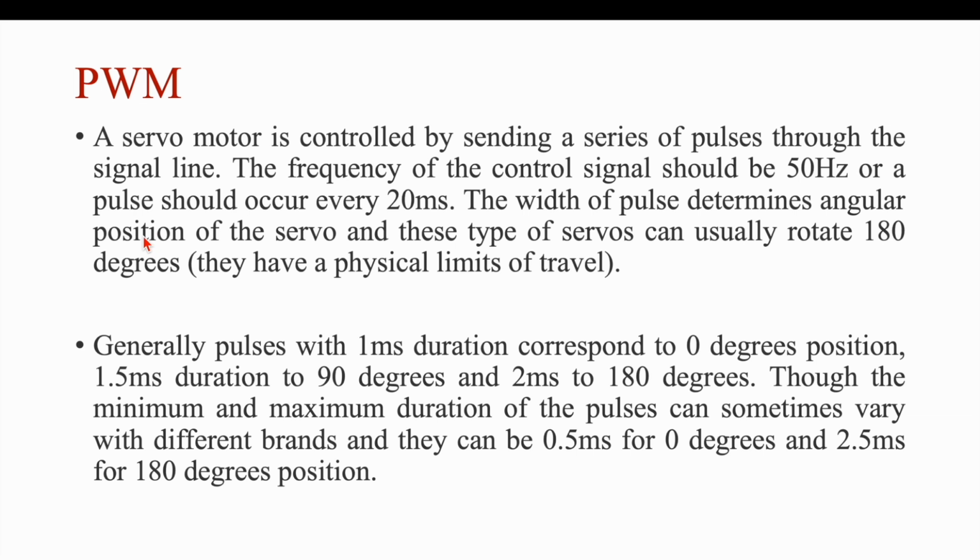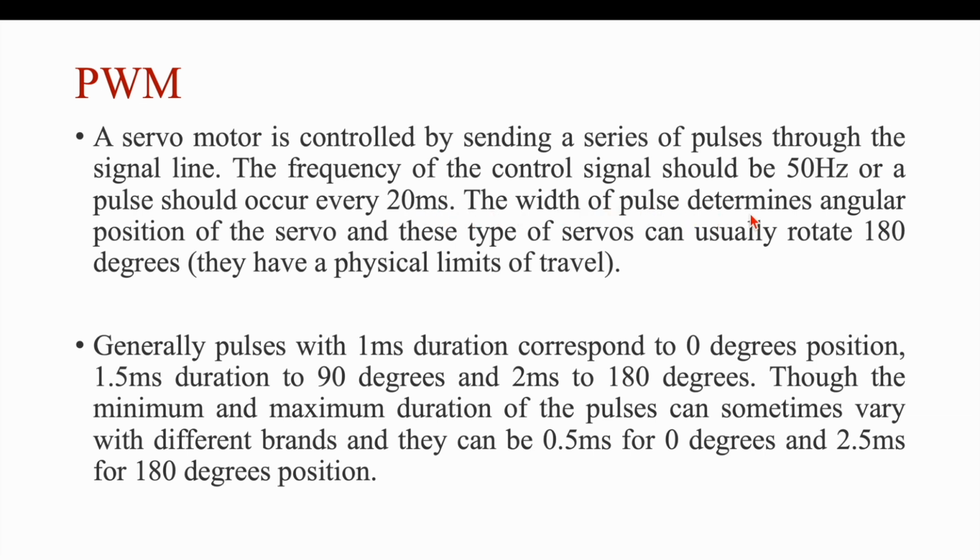A servo motor is controlled by sending a series of pulses through a single signal line. The frequency of the control signal should be 50 Hz, or a pulse should occur every 20 milliseconds.